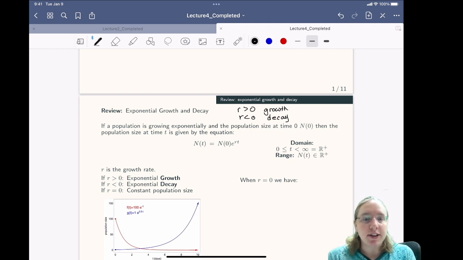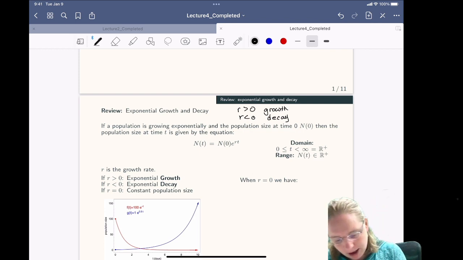Today we're going to change this exponential function a little bit, and we're going to write it according to this equation here, where N of t is equal to N0 e to the rt. Another way of interpreting this is the population size at time t.